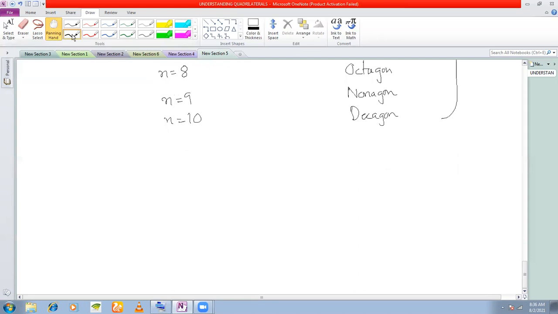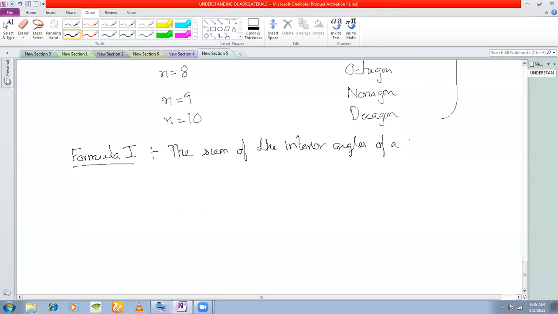A very important formula. First one, formula number 1. The sum of the interior angles of a polygon.